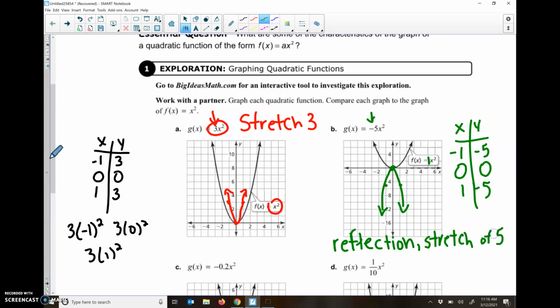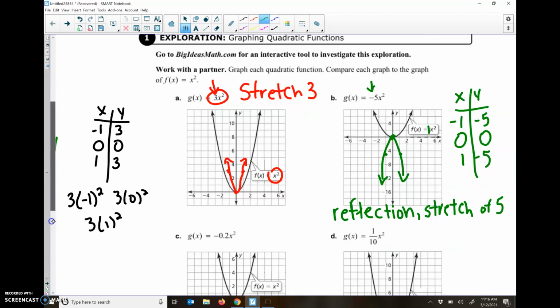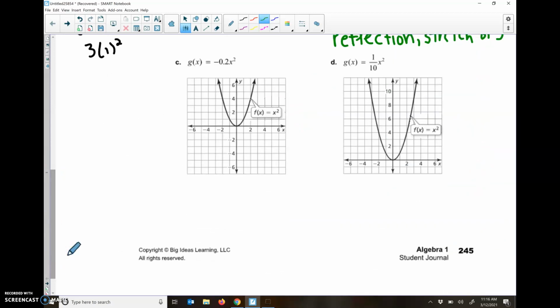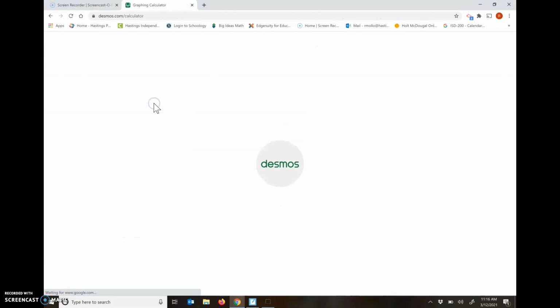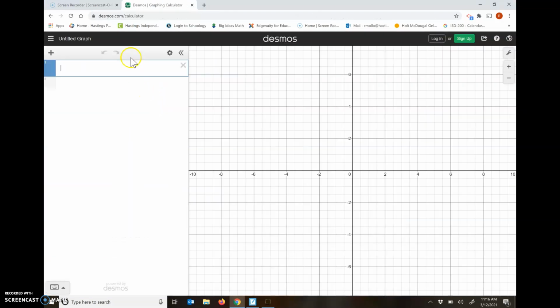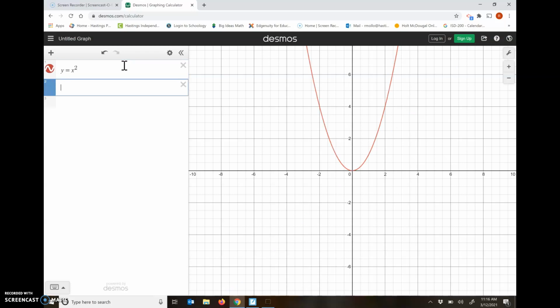And if you remember, there was this website that we used to use to kind of do it. So for C and D, I'll just plug it into the website here. And so we can kind of see what's going on there. We're going to go to Desmos graphing. And so I'm going to do y equals x squared so we can kind of see the original graph. And then the one they want us to graph is -0.2 x squared.